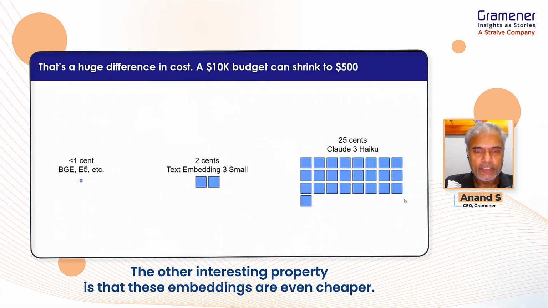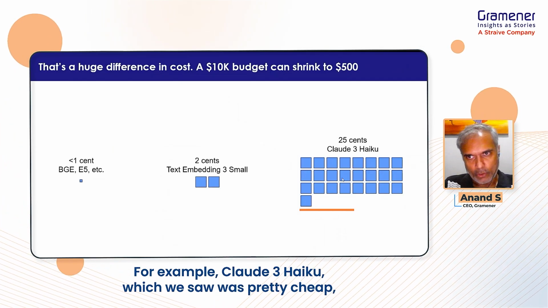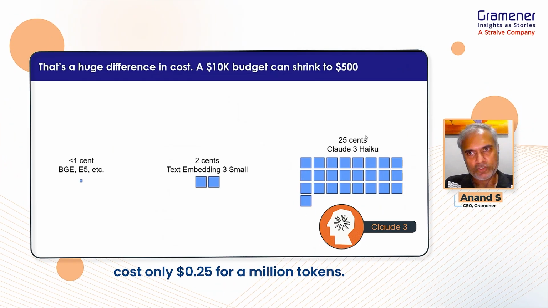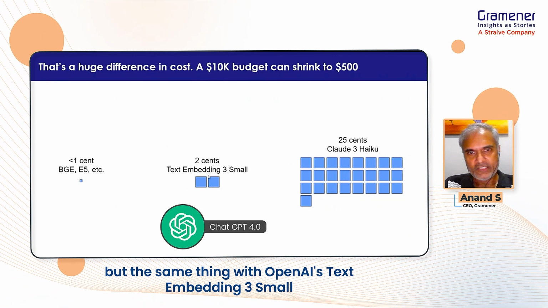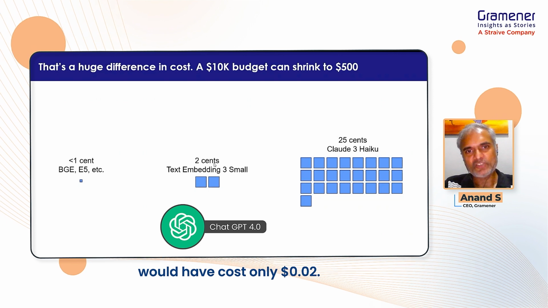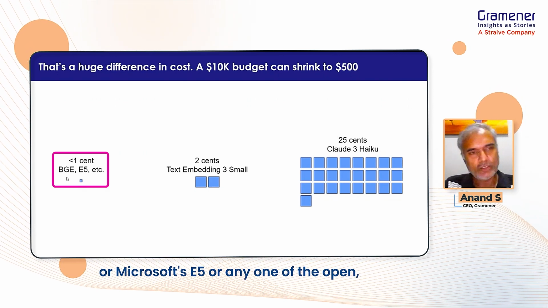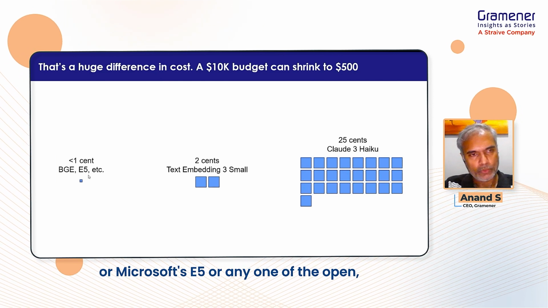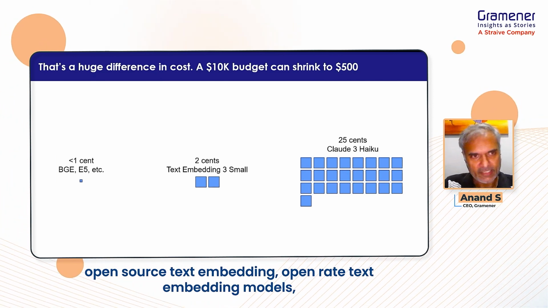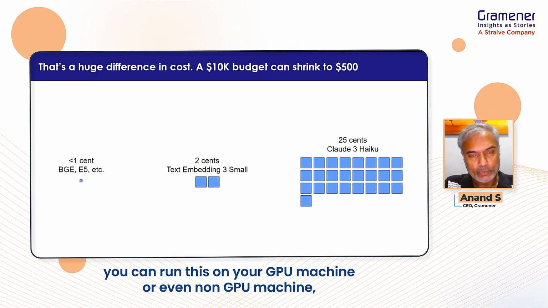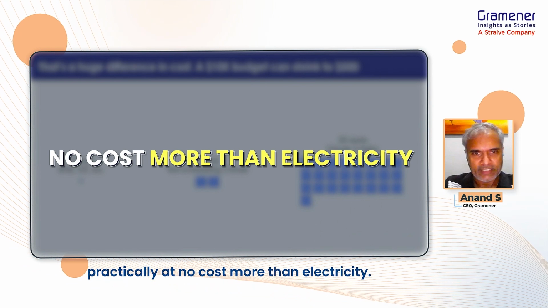The other interesting property is that these embeddings are even cheaper. For example, Claude 3 Haiku, which we saw was pretty cheap, cost only 25 cents for a million tokens. But the same thing with OpenAI's text embedding 3 small would have cost only 2 cents. And if you were running Baidu's BGE or Microsoft's E5 or any one of the open source, open weight text embedding models, you can run this on your GPU machine or even non-GPU machine, practically at no cost more than electricity.